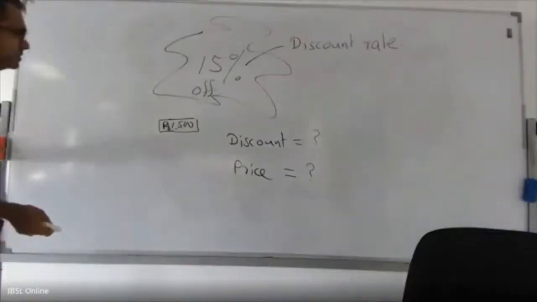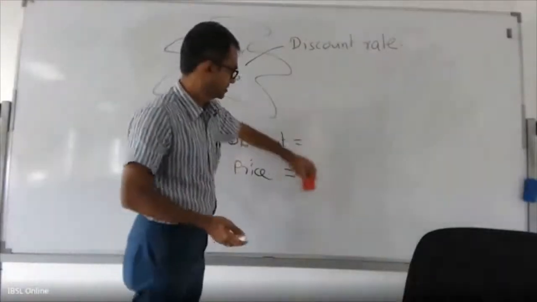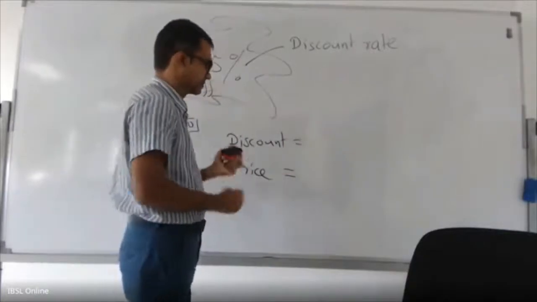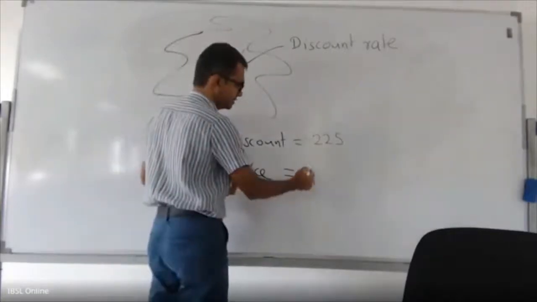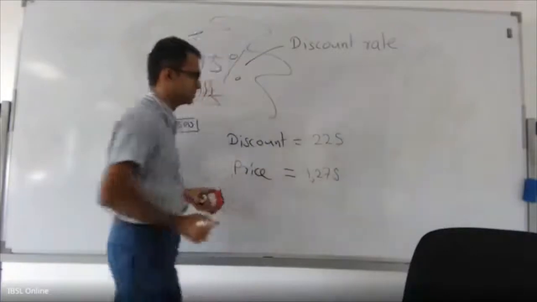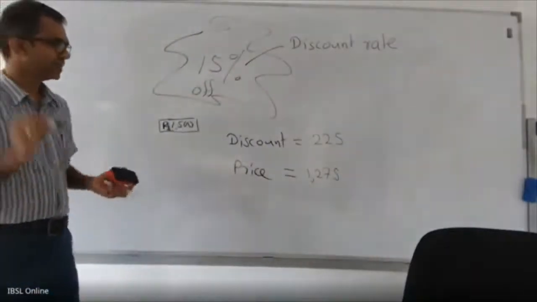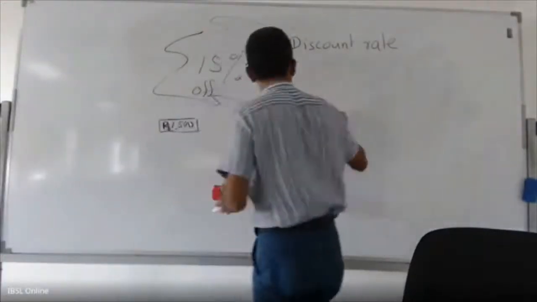Discount is 225. Then the price is 1,275. Now tell me, how did you calculate this?